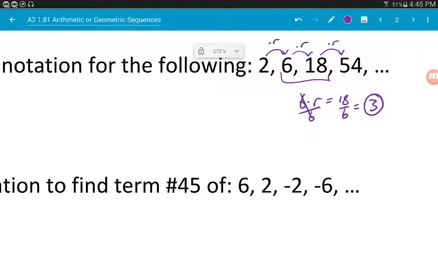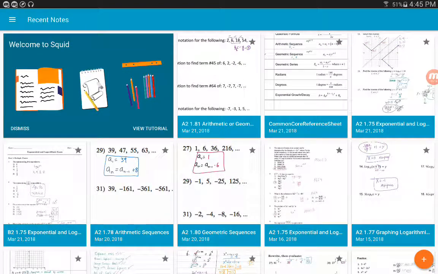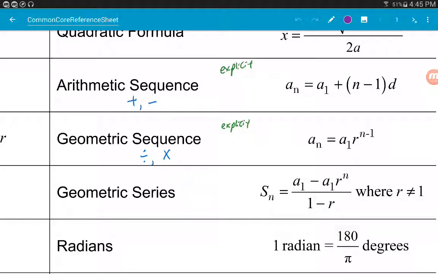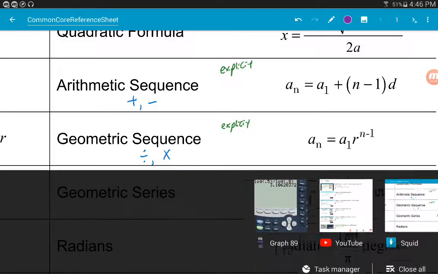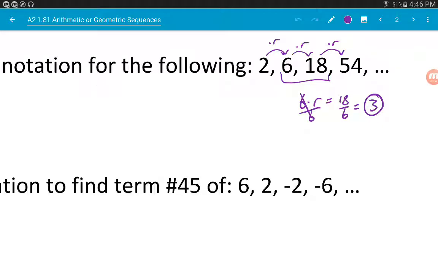Now let's take a look. This is geometric because it is multiplication. The geometric sequence is this one. So a sub n is equal to a sub 1 times r raised to the n minus 1 power. So here's the template.